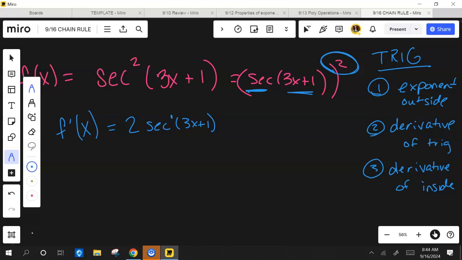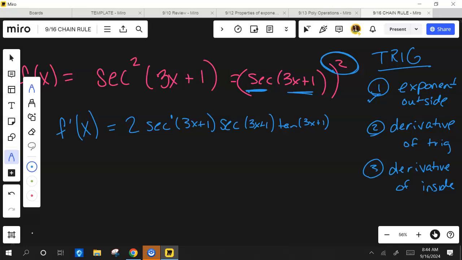The derivative of secant. So I did the exponent outside. Now the derivative of the trig part. What is the derivative of secant? Secant tangent, right? No, you do not. Tangent. Right?